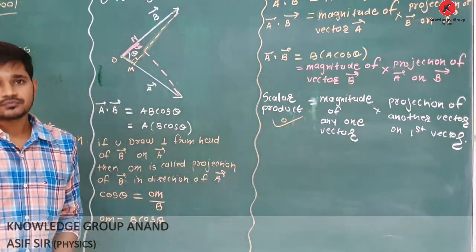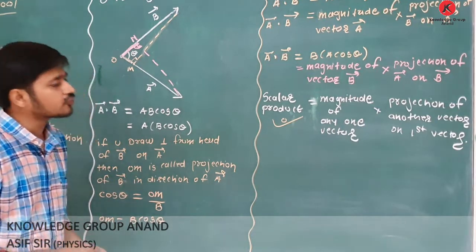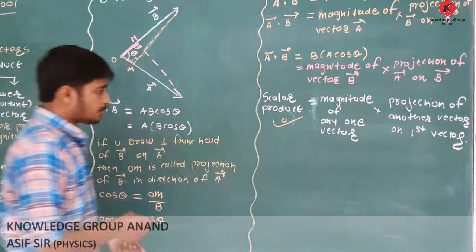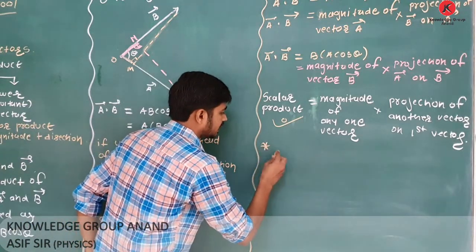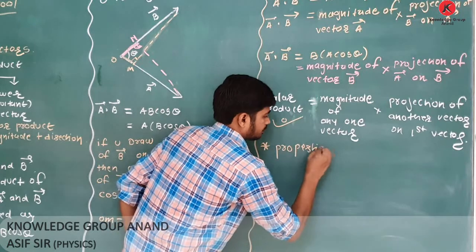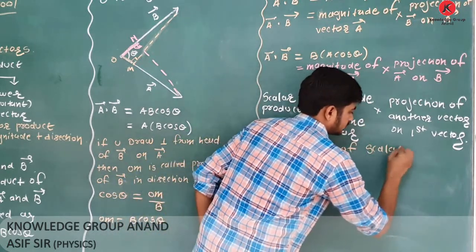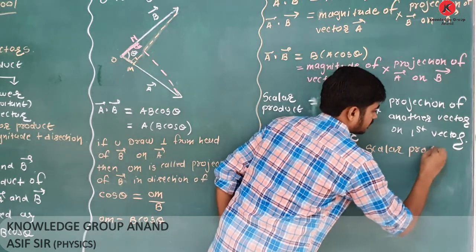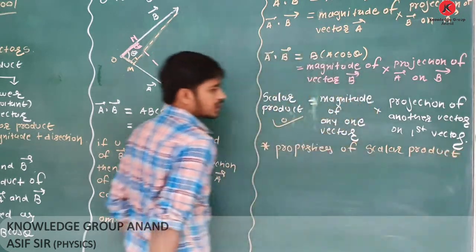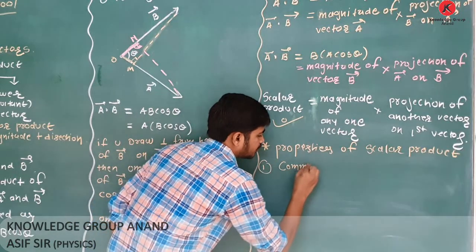Now we will see the properties of scalar product. First property of scalar product is commutative.